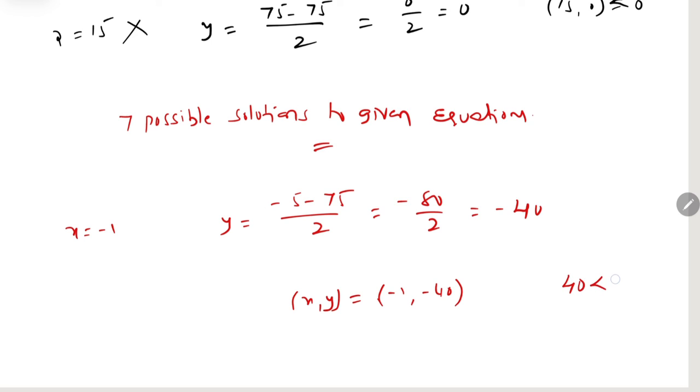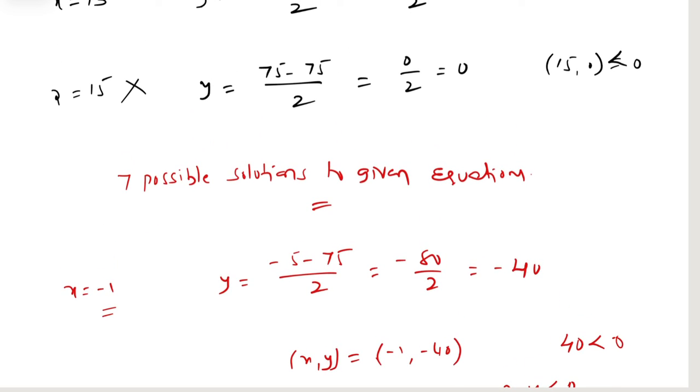It is not less than 0; 40 is greater than 0. But we need x into y to be less than 0. So we cannot take x as a negative number. When we take x as negative, we also get y as negative, so negative into negative becomes positive. So there is no chance of taking x as negative. So we have 7 possible solutions to the given equation.